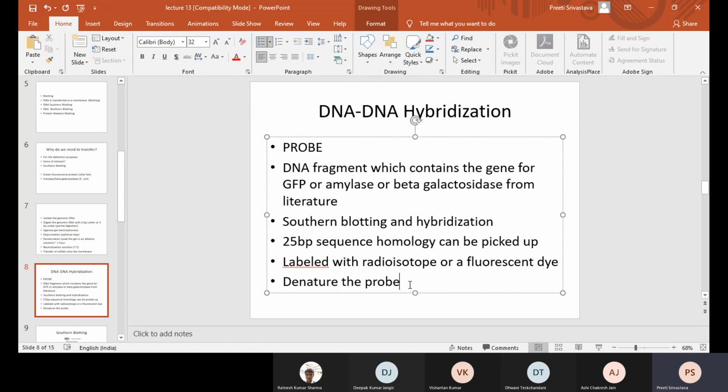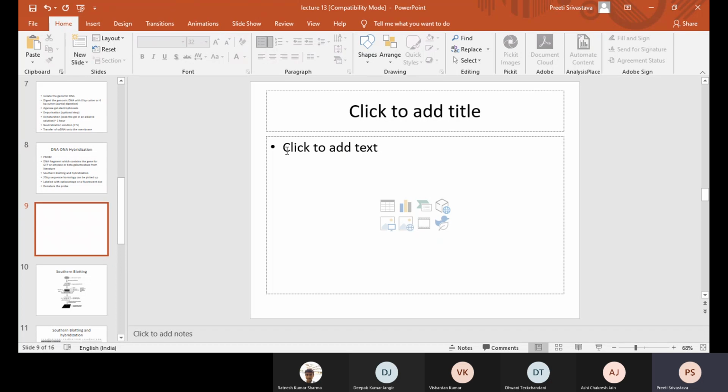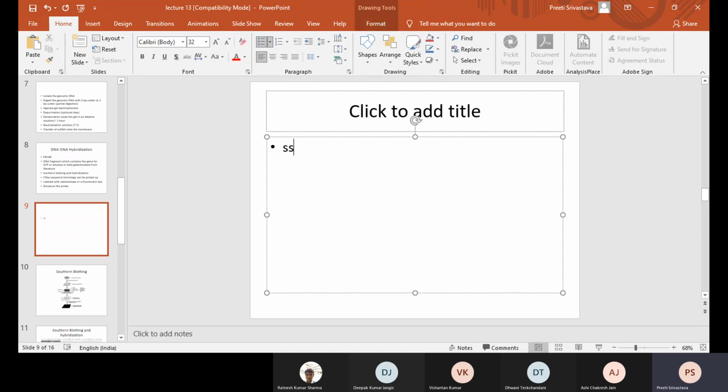So as a result of it, what will happen is, just to give you the concept, you have single-stranded DNA on the membrane, right? As a result of blotting.